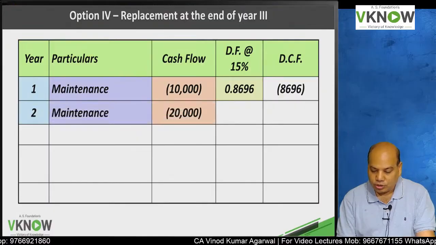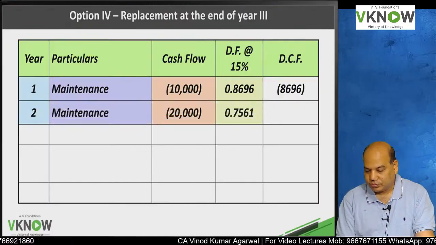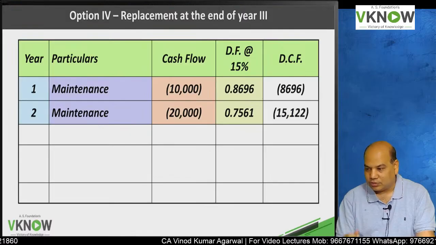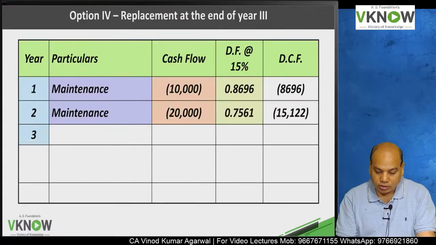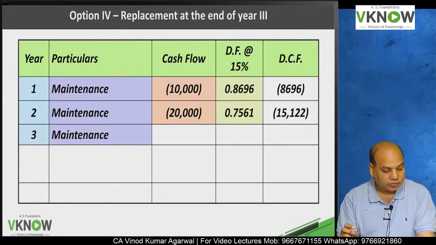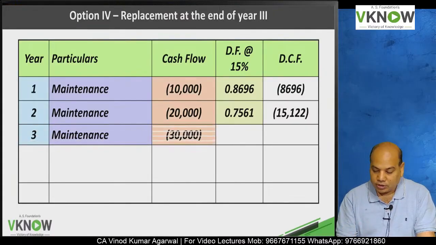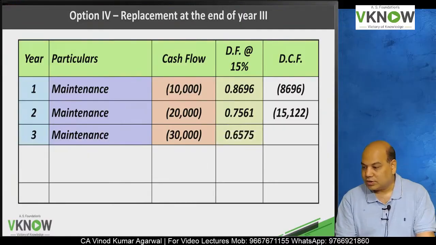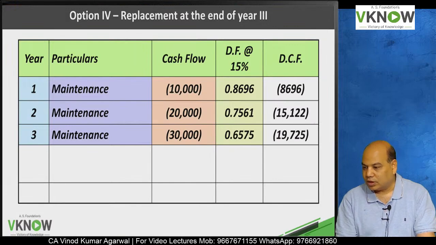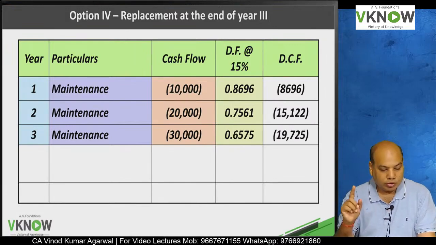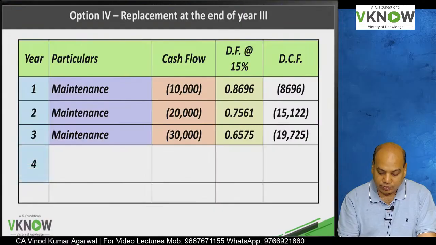Second year you are going to incur maintenance cost 20,000, already calculated, PV 15122. Third year again maintenance cost. Factor of third year 0.6575, present value 19725. Now you are going to sell the old machine. So one more line I have to write.